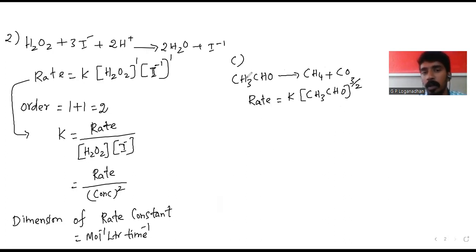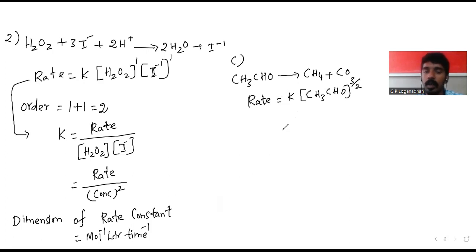It is only one substance, but the power is 3 by 2, right? That depends on experimental values. By considering the experimental values, how the rate of the reaction is affected, based on that we will take the power here. You understand?